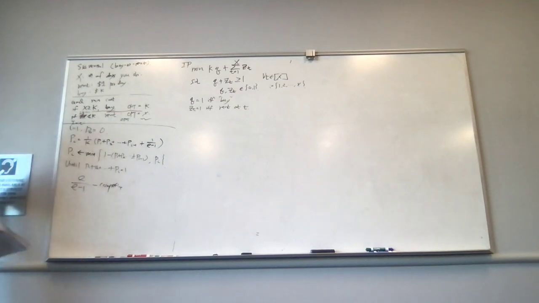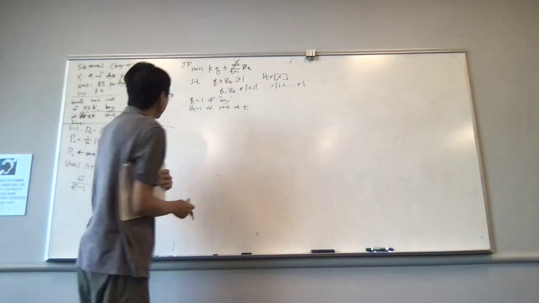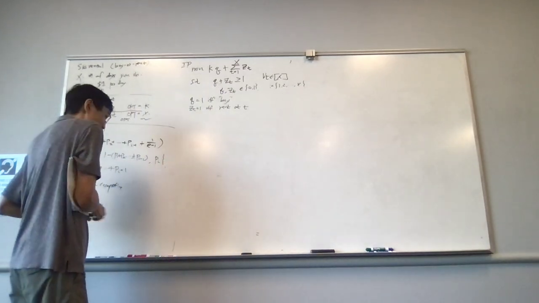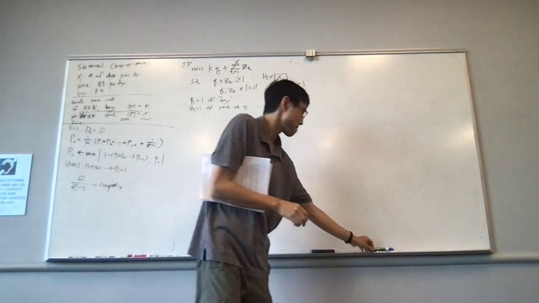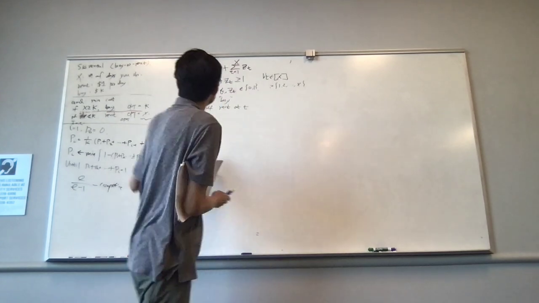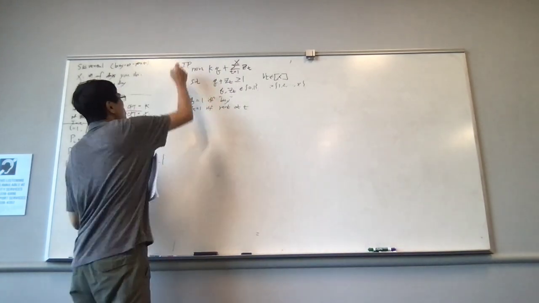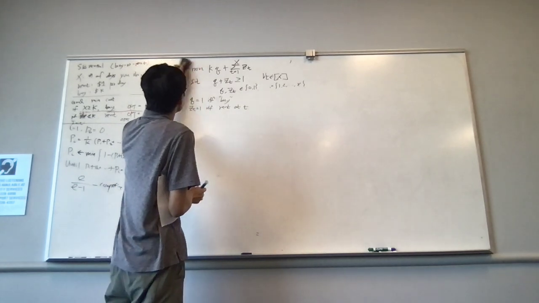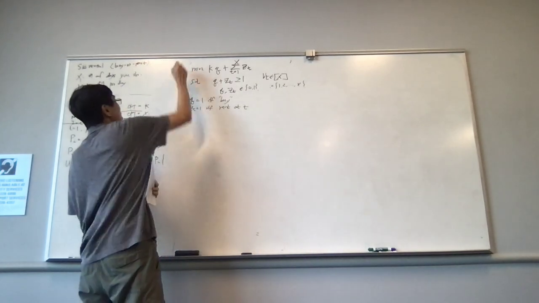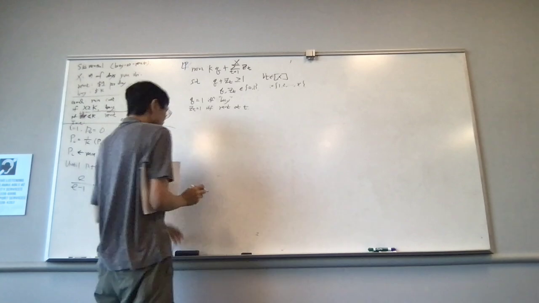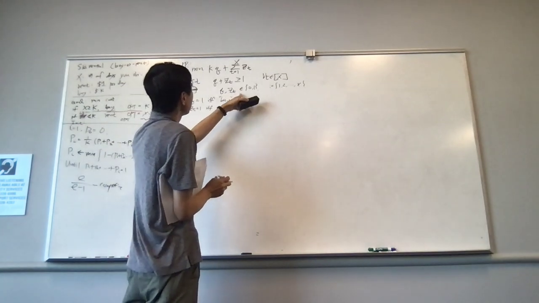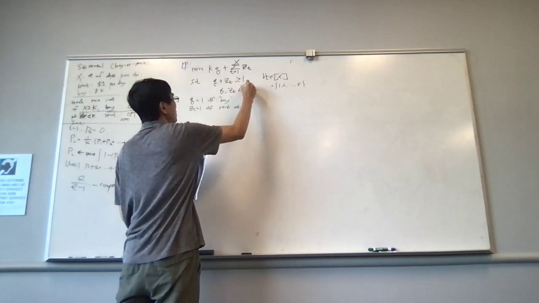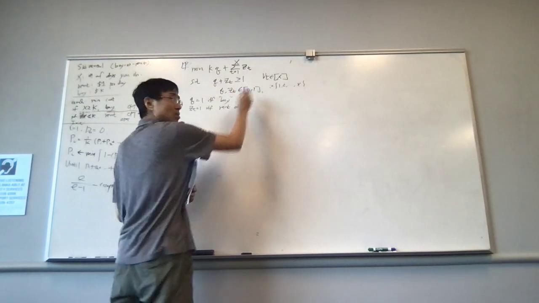Okay. But now, to use primal-dual, we are going to relax this into a linear programming. So then this will become between 0 and 1, right?